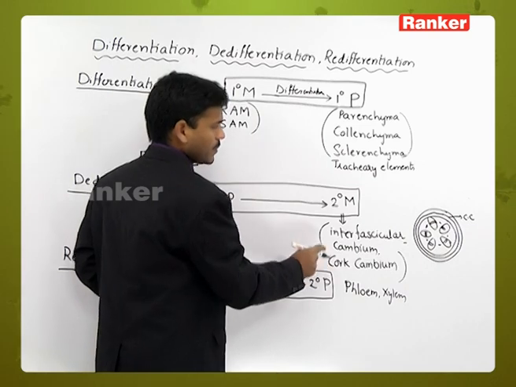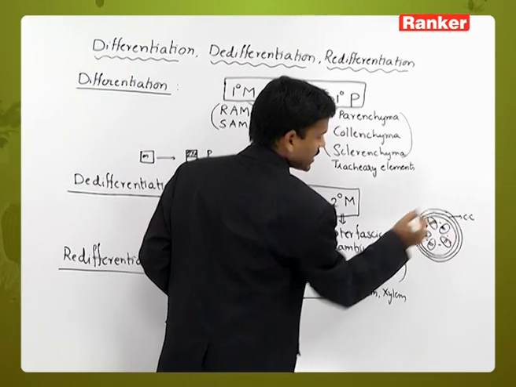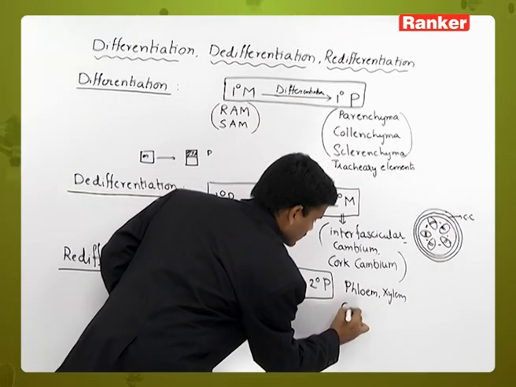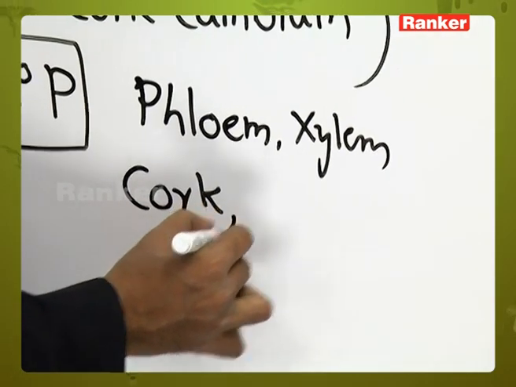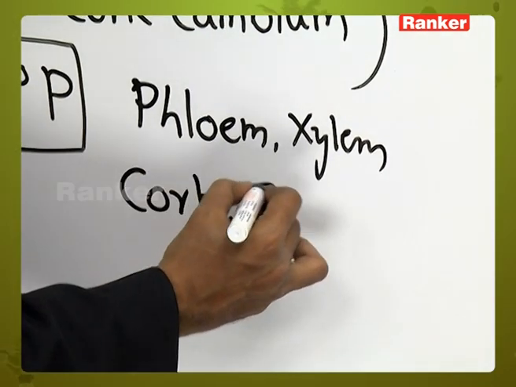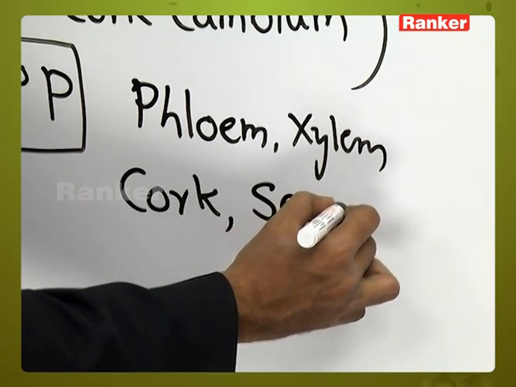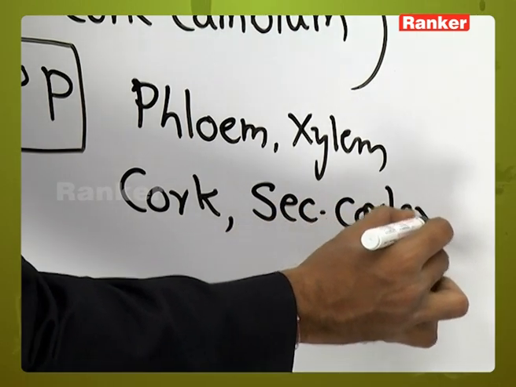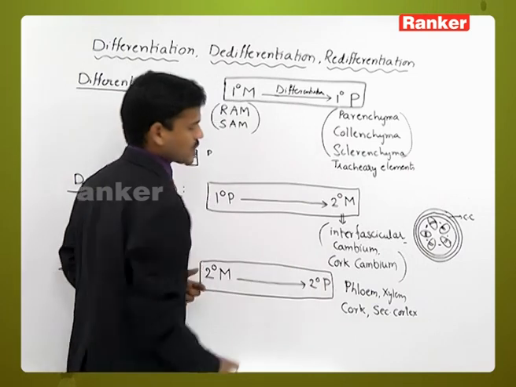Next, cork cambium. Here it is cork cambium, producing cork outside and secondary cortex inside. All these are secondary tissues only.